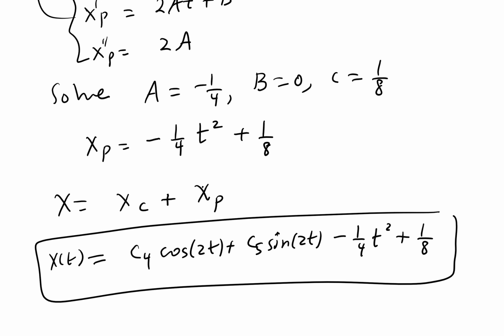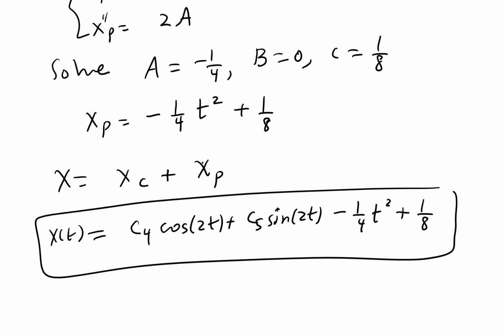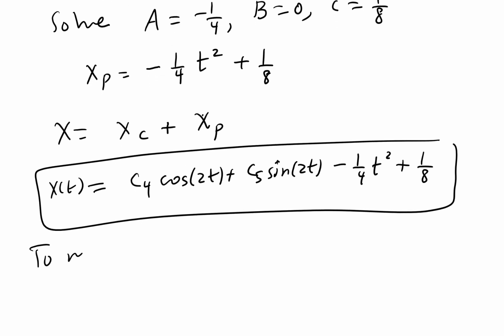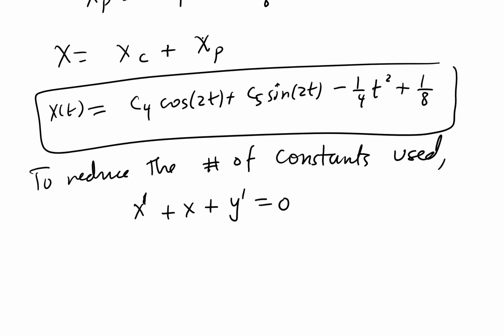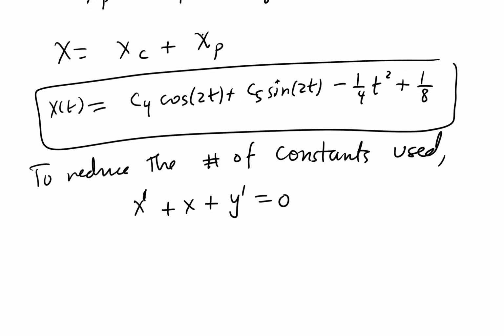Now remember, as we did in the previous example, we would like to reduce the number of variables. To do so, to reduce the number of constants used, we choose one of the equations. So I'm going to choose the second equation because it doesn't have a t in it. It's easier to work with. So x prime plus x plus y prime equals 0.